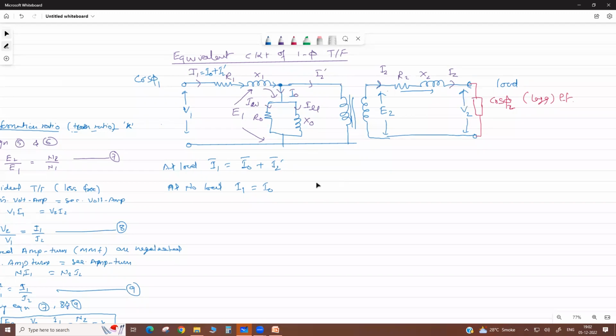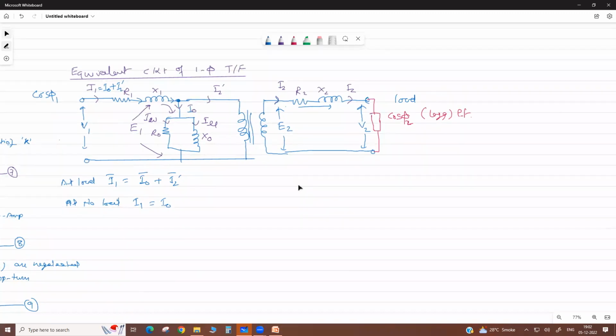Okay, dear. Now if we talk about the voltage regulation of a transformer, it is nothing but this: suppose there is no load. If we remove this load, then this is the open terminal voltage, there is no drop.